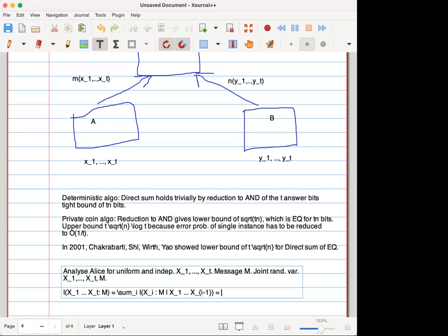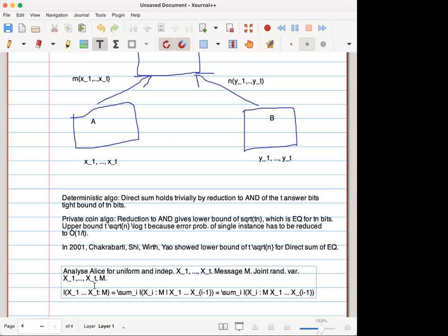So now this is nothing but the same sum with the conditioning removed, and now I'll explain why I can do that. The conditioning x1 to xi minus 1, I moved to the side. I can do this because x1, x2, up to xt are independent random variables.